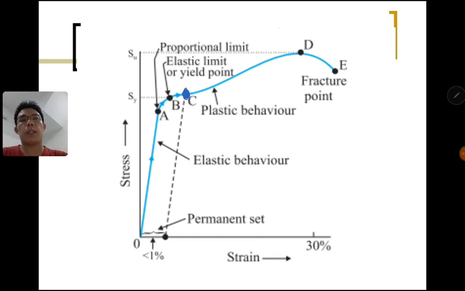Slowly removing means that the stress is now going to go down. If you plot that again, it will go down along this line, all the way down until you remove everything and it becomes zero stress.